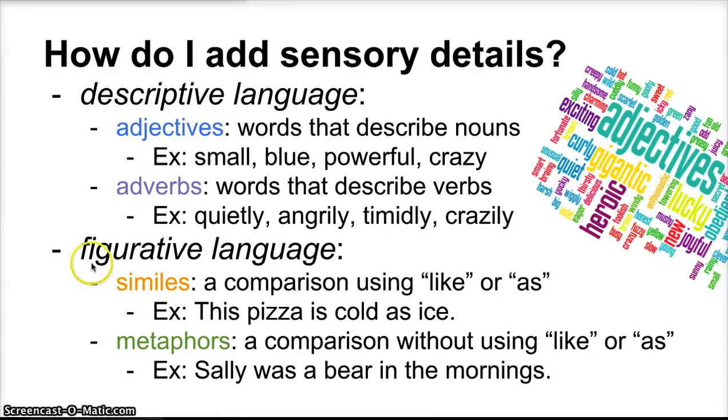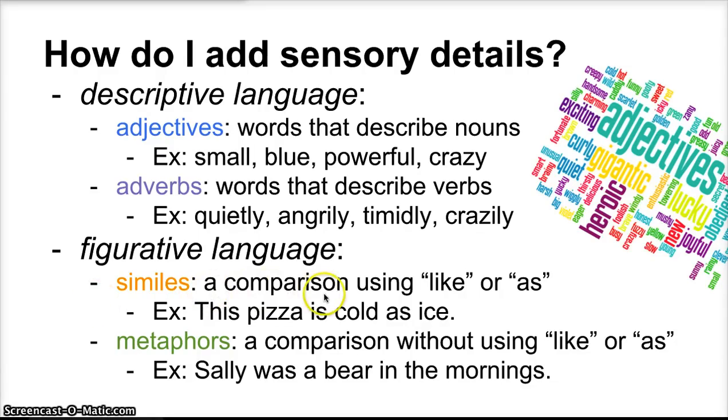Now, a second way is figurative language. This is language that is adding description through comparison. So we have two main types of figurative language that we're focusing on just for today: similes and metaphors. You might be familiar with these words, but oftentimes people get them confused, so pay attention closely here.